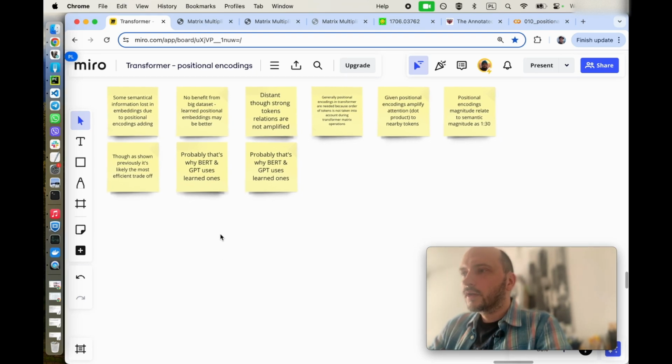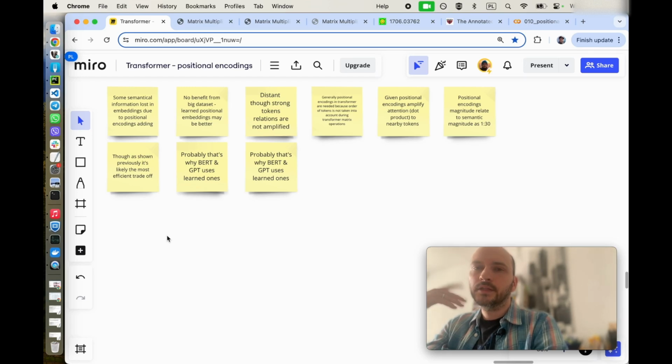So let's speak about the limitations and summarize this entire piece of knowledge. First of all, there is a limitation that some semantical information is still lost because embeddings have these positional encodings just added, not concatenated. Though, as shown previously, it's probably a better solution than concatenation.